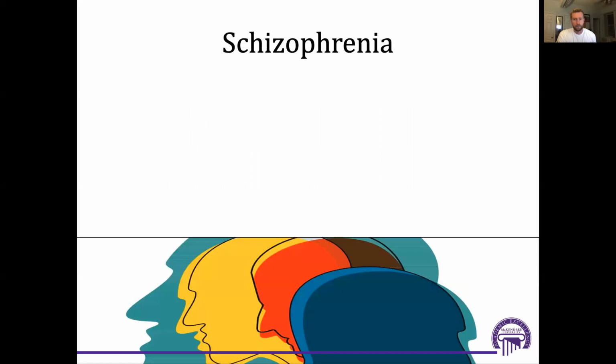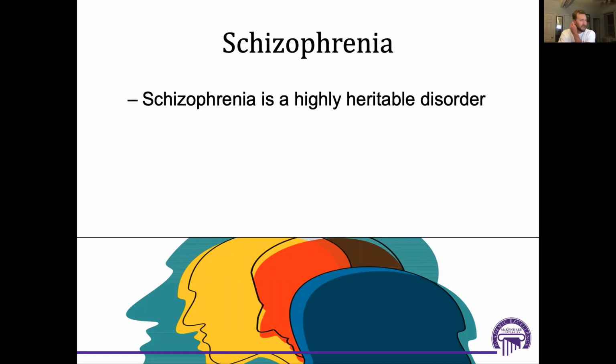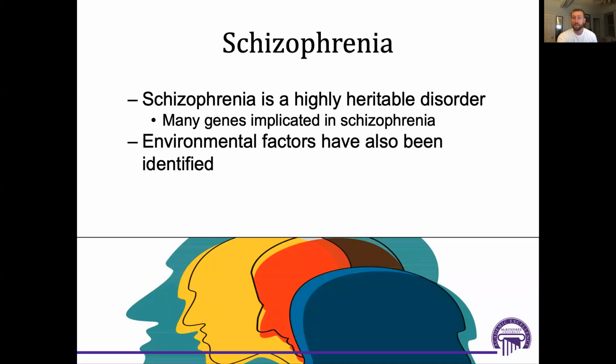Okay. So in terms of heritability, we already discussed this, but schizophrenia is a highly heritable disorder. We understand that there's not just a single schizophrenia gene, but there are many genes that are implicated in schizophrenia. What's interesting is that there have also been environmental factors that have been identified, again, as risk factors for going to get schizophrenia.